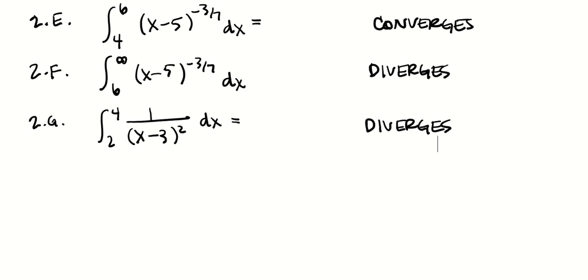All right, the next one is going to be 2h, saying, okay, integral from 4 to infinity of the same thing, 1 over x minus 3 squared. And so, well, I took a break after that last one, so I kind of forgot how this went.